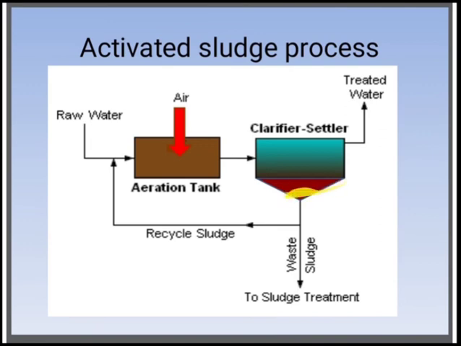The sludge, this red part, can be removed, and then this is used as compost or fertilizer in the farms. From here, if the wastewater or the sludge remains there, then that can be recycled.